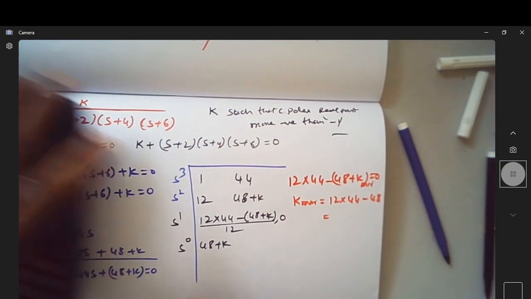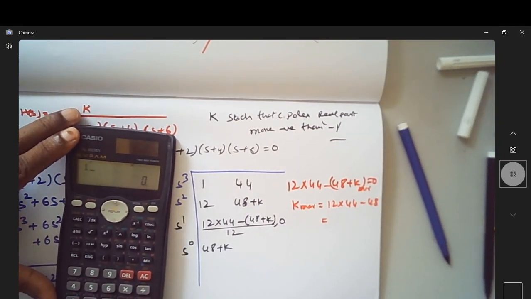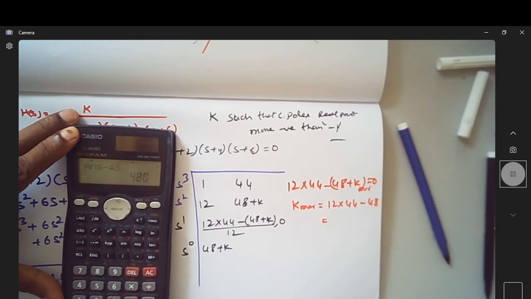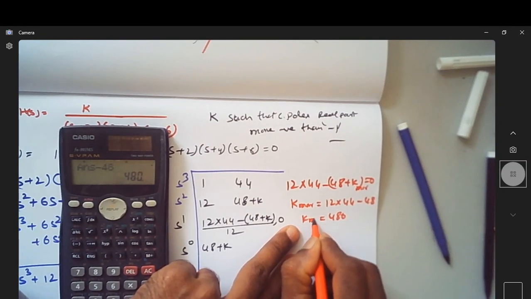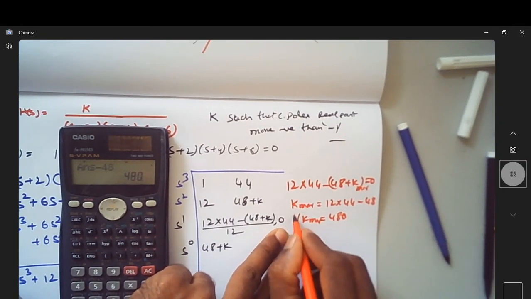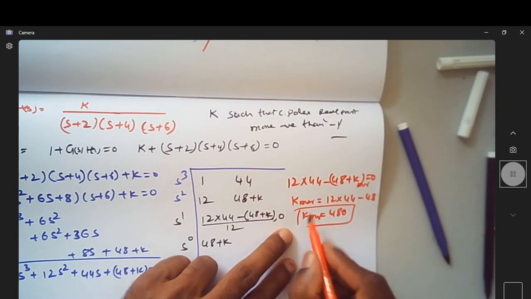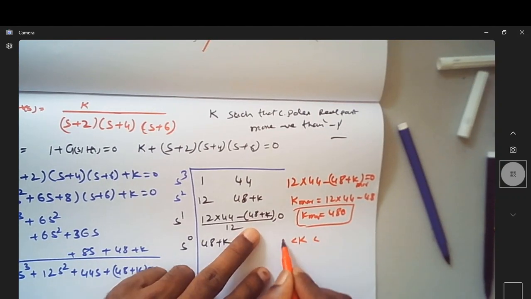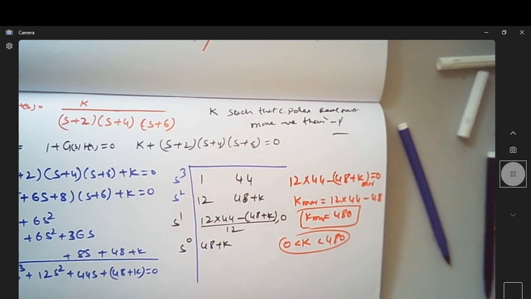So how much is this? 12 into 44 minus 48 is actually 480. K margin is 480. What this indicates is that for the value of k between 0 and 480, all the poles are there in the left half of the S-plane.